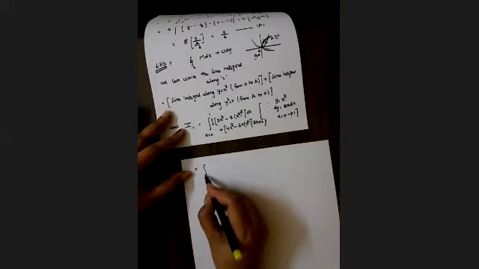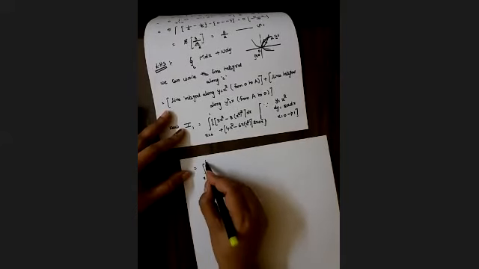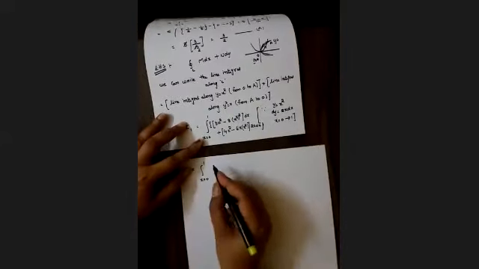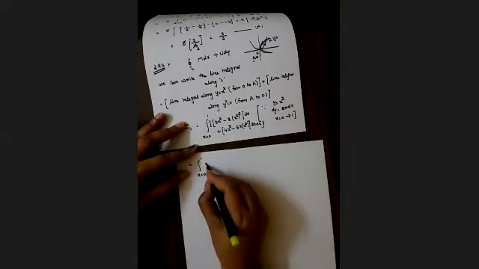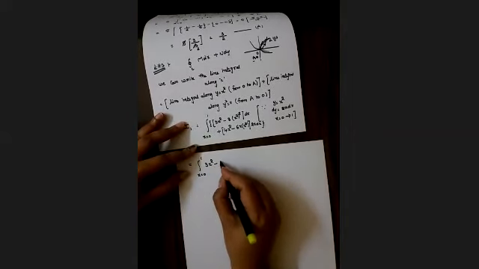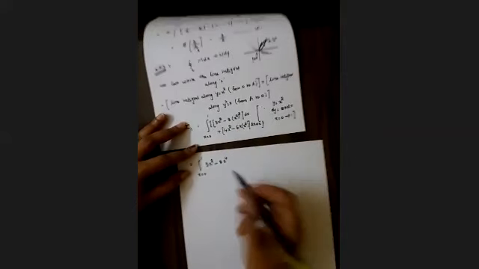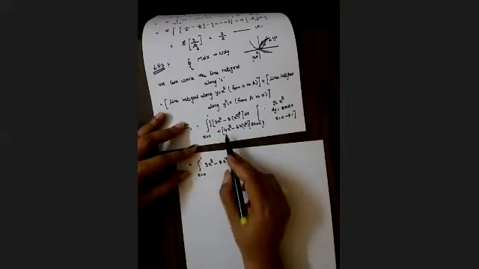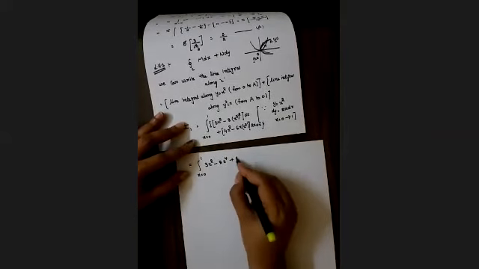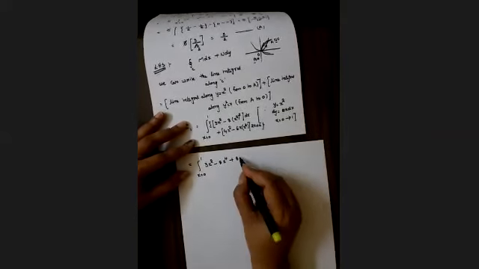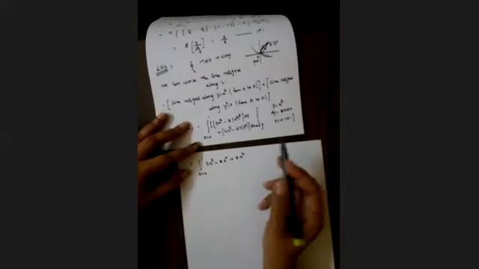Now simplify and integrate. When simplifying, what are you going to get? The integral from x equal to 0 to 1. Now this is your 3x² minus 8x⁴, since 8 times (x²)² means 8x⁴, plus 4 into 2, 8x² into x, 8x³.